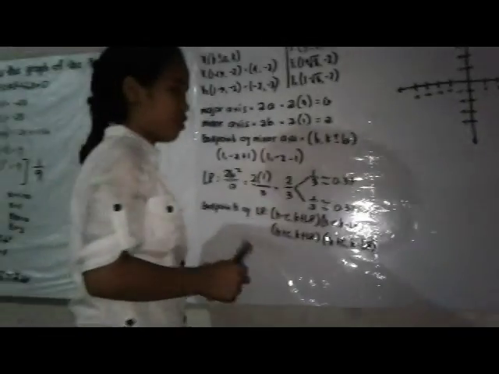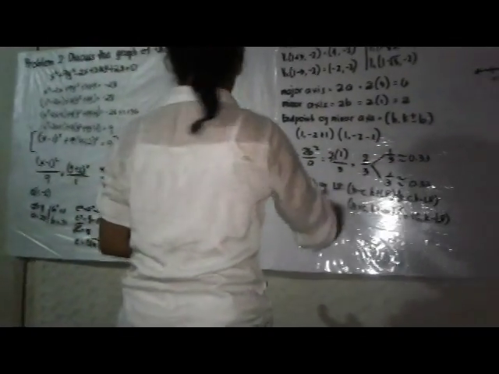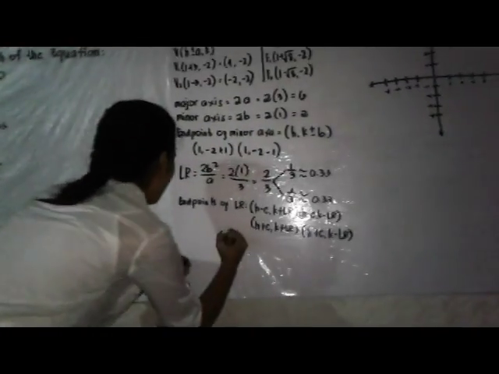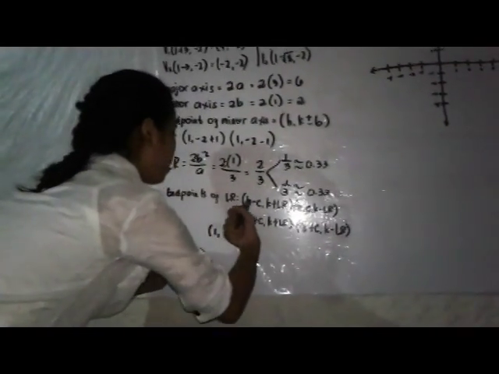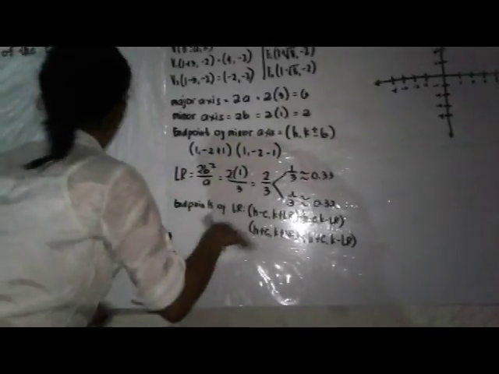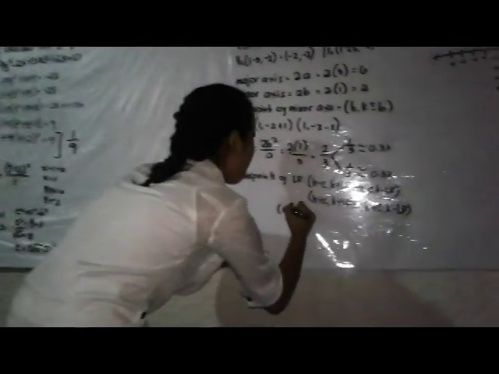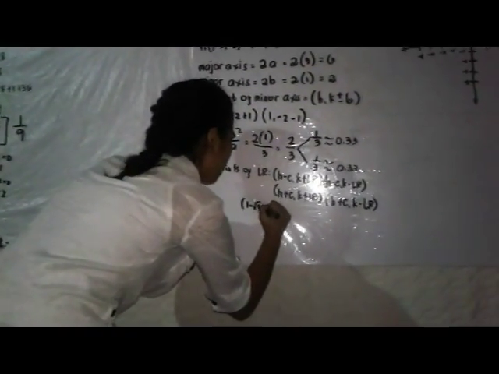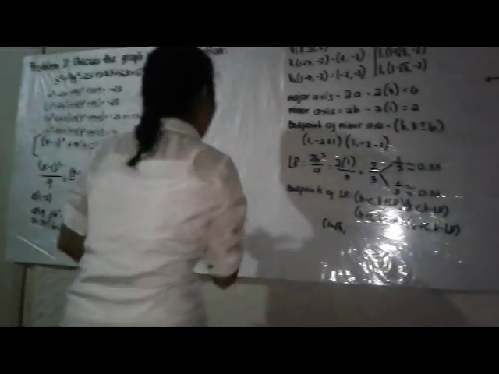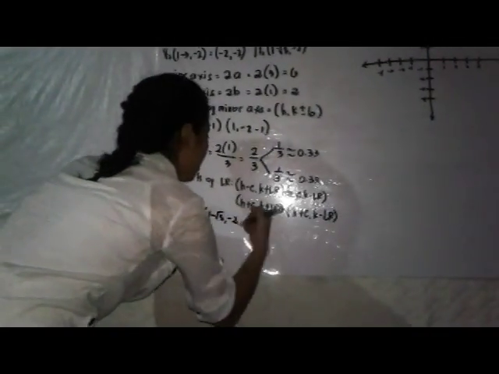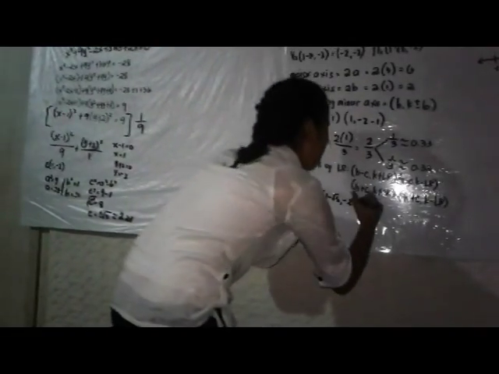And substituting, we have to substitute this first. We have H, which is the positive 1, so we have 1. Then our C, which is square root of 8, so we have negative square root of 8. Then our K, which is negative 2. Then our LR, which is 1/3.